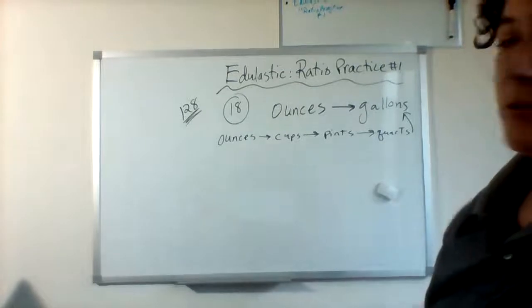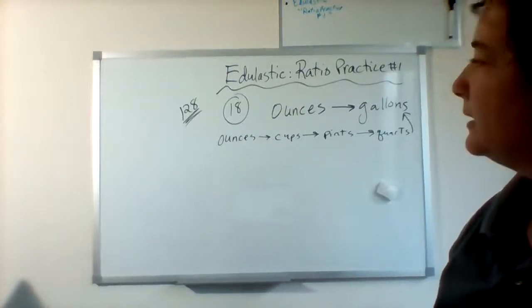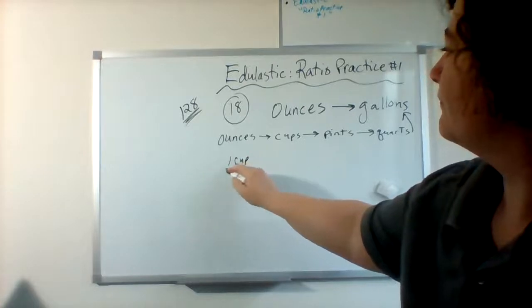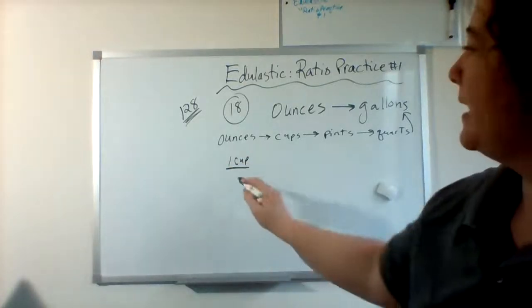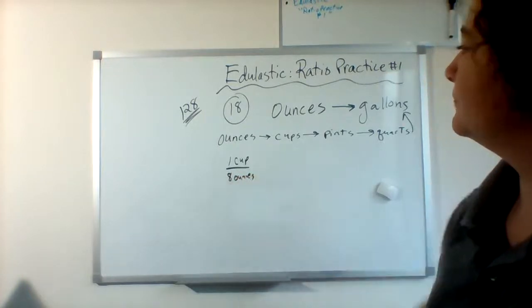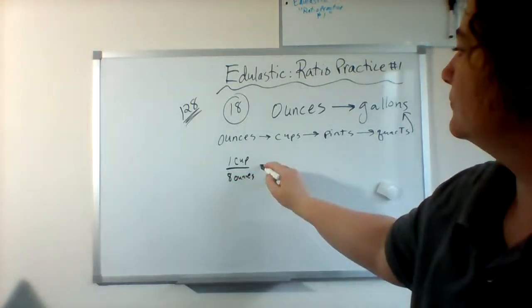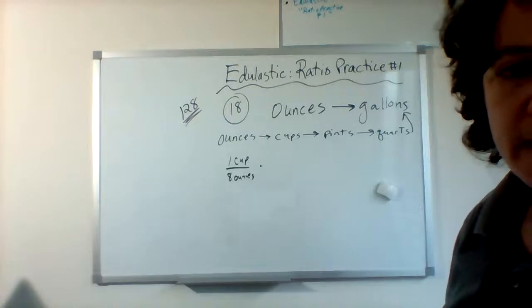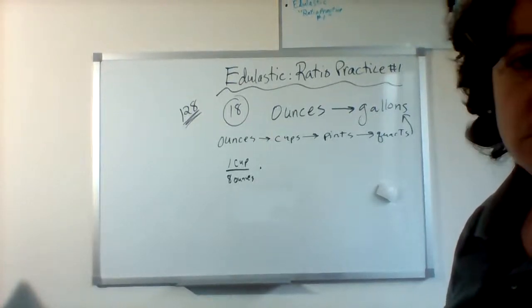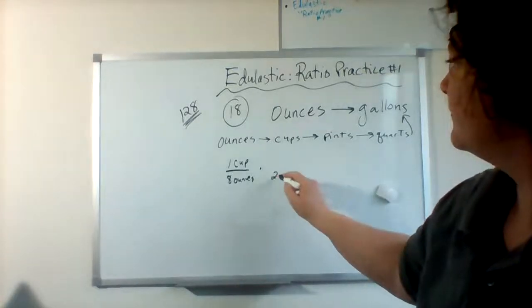Okay, for ounces. Right now, it's telling us that 1 cup is 8 ounces. And then 2 cups is 1 pint.